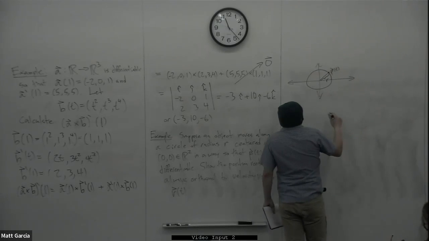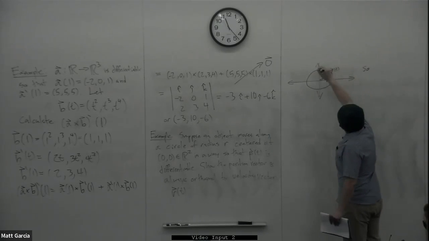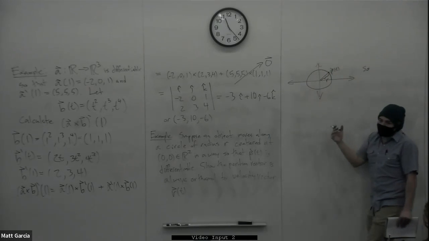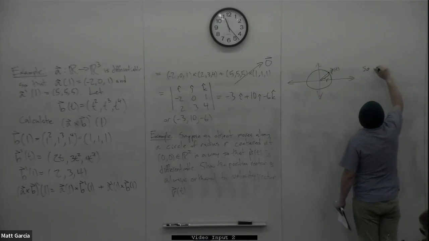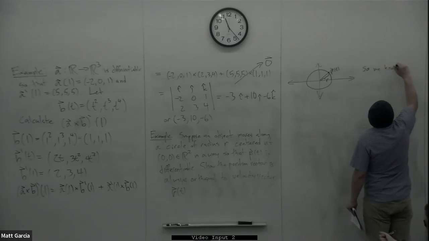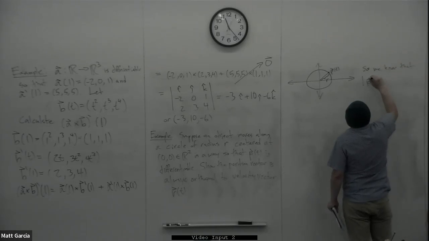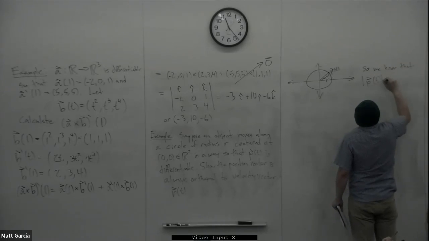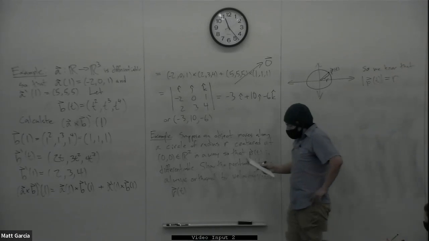So this means that as we're moving around this circle, the magnitude of our position will always be R. So we know that the magnitude of p hat of t is always equal to R.